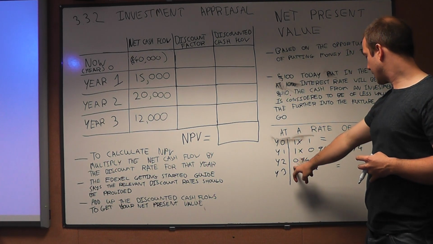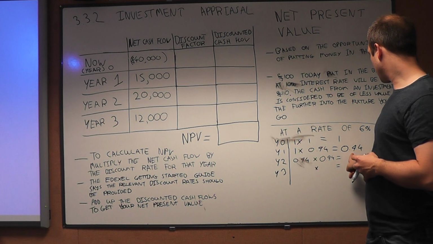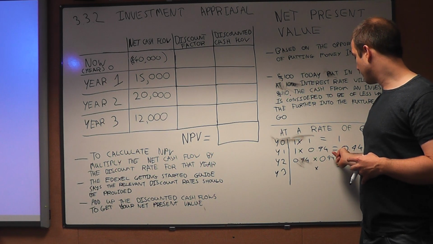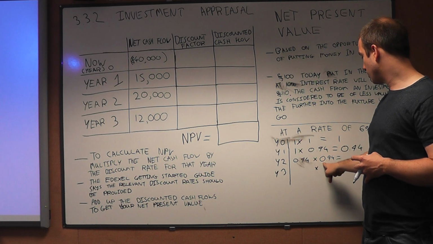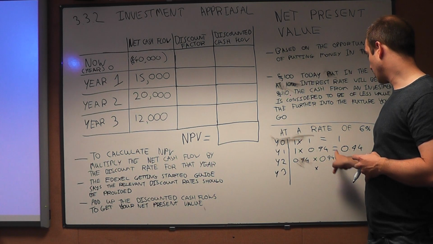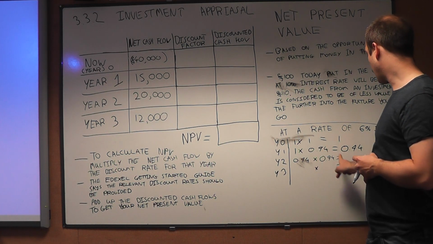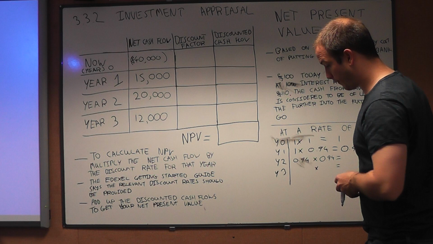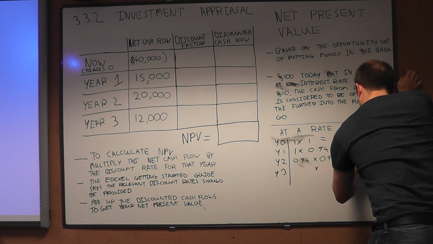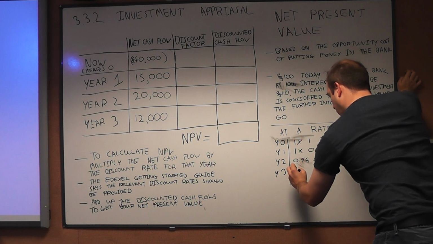Going on to year 2, we take this 0.94 from the previous year, and we're going to multiply it by our continued discount rate of 0.94, because we're losing 6% of our value each year. So 0.94 times 0.94 would give us 0.89, and we would take this down here.